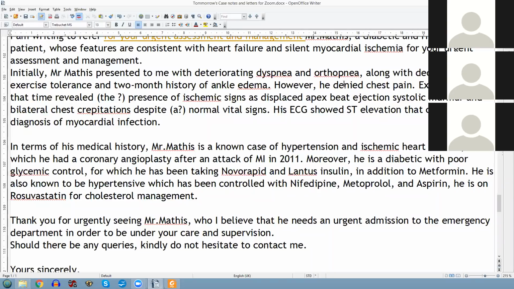So you could say, "However, he had no chest pain." Or, "Despite this, he had no chest pain." Or "There was no chest pain present," or something such as that.